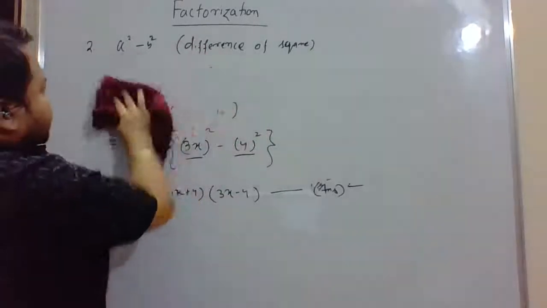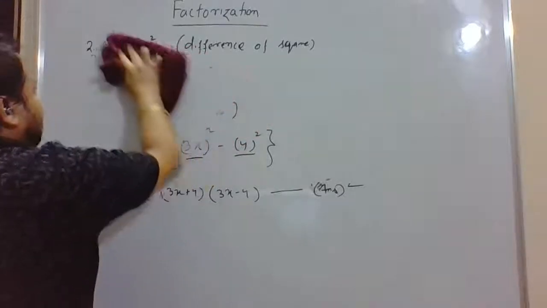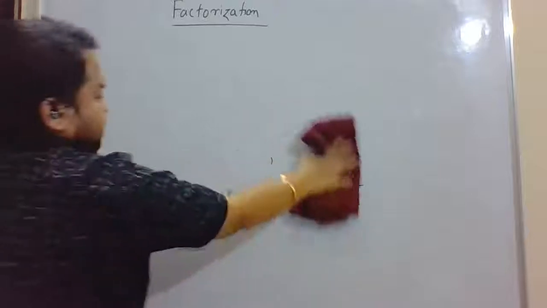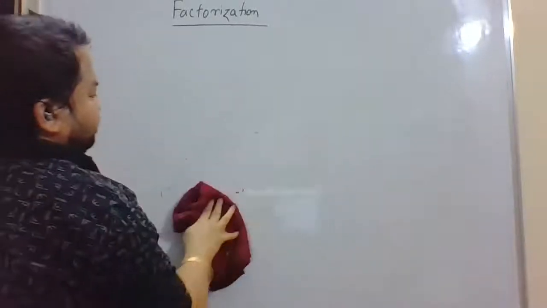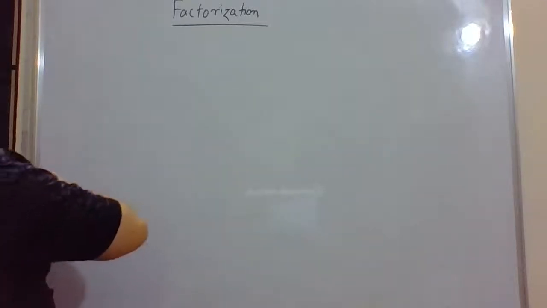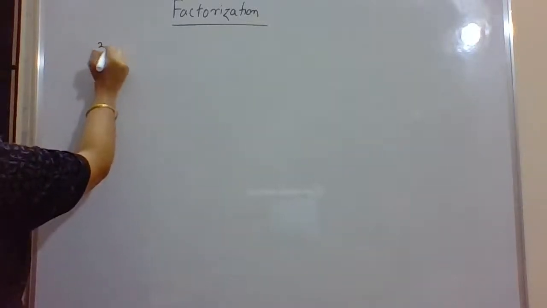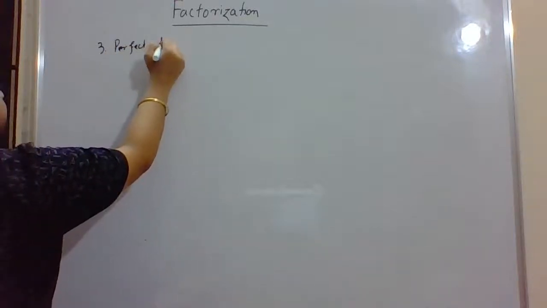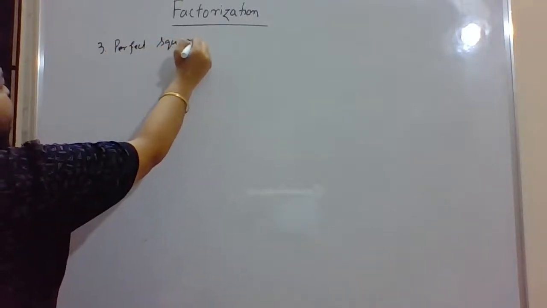Now, we are done with our difference of square pattern. Let's go into the next pattern, and the next two patterns will be perfect squares. Here we try to see if our expression is in the perfect square format.